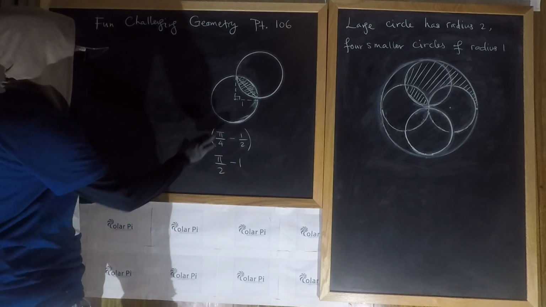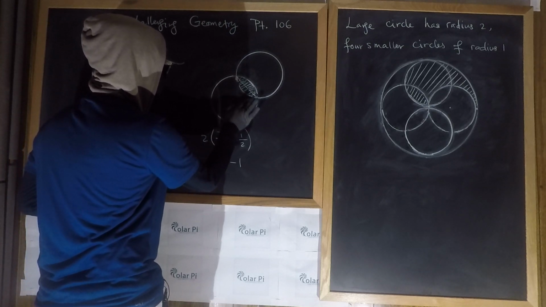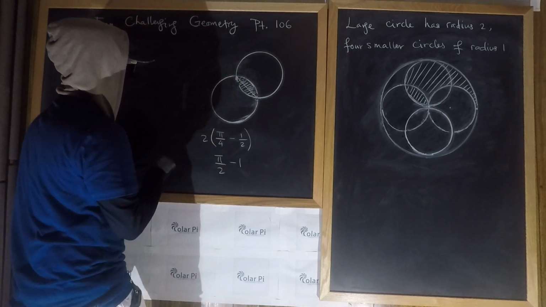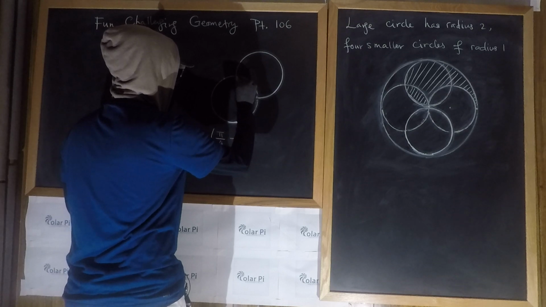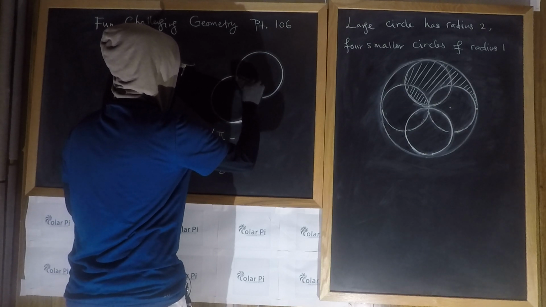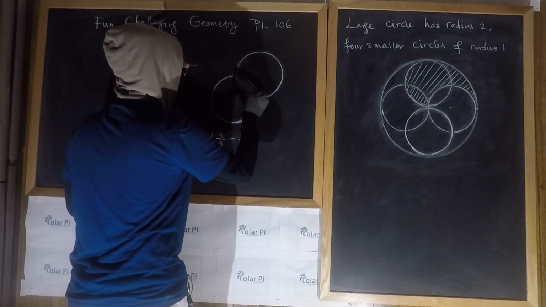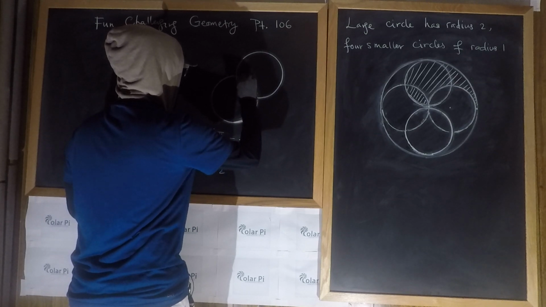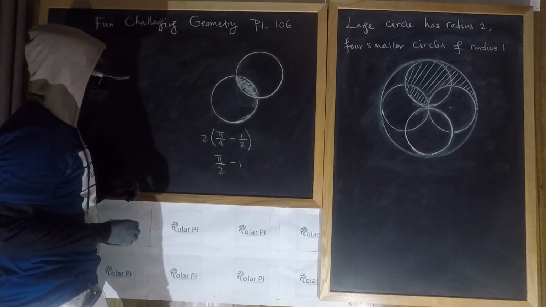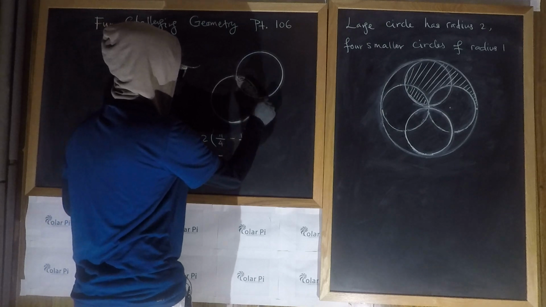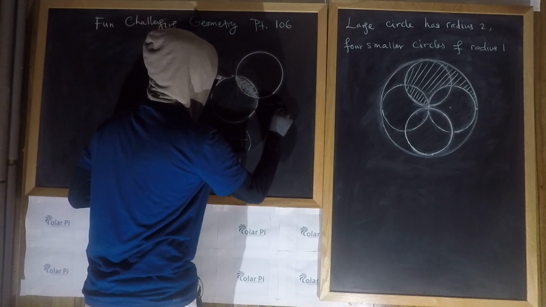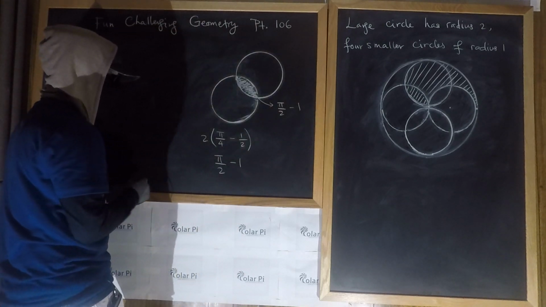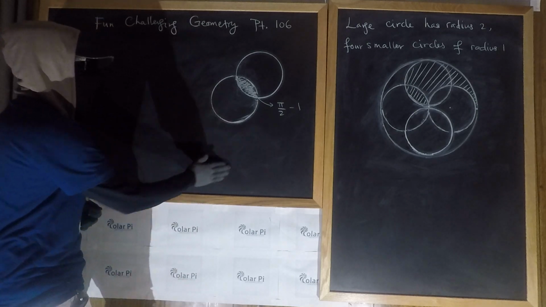So this little strip of area right here, we've just figured out, is equal to pi over 2 minus 1. Nice. Okay, where to next?